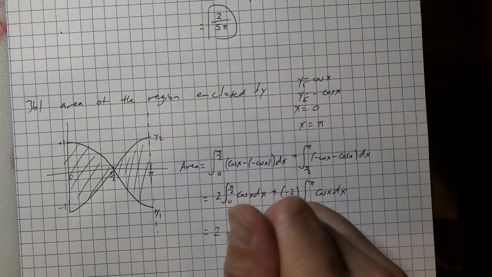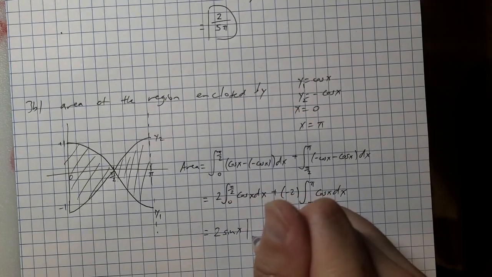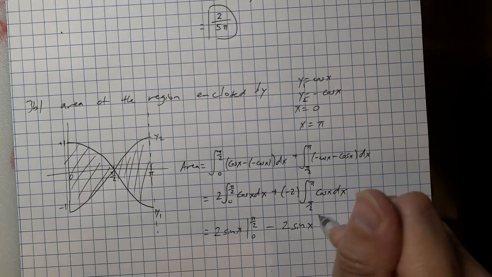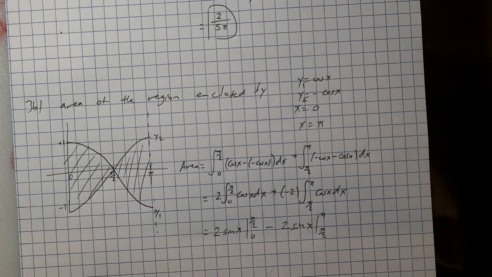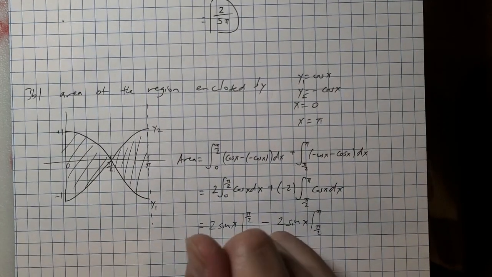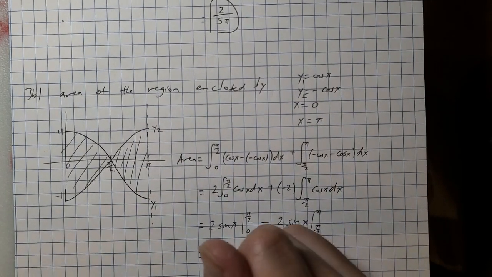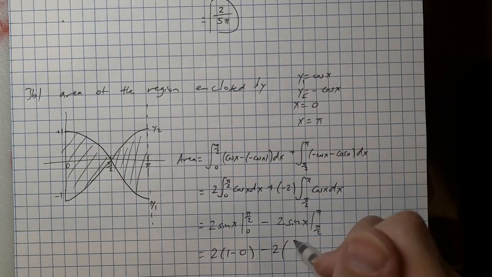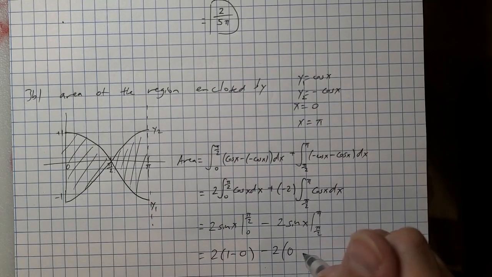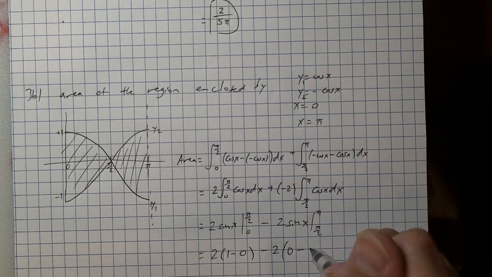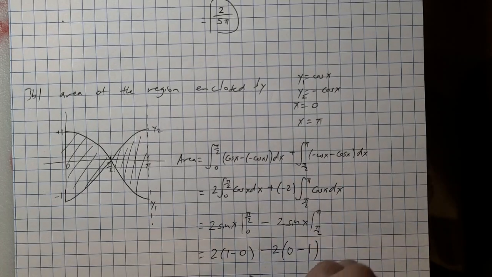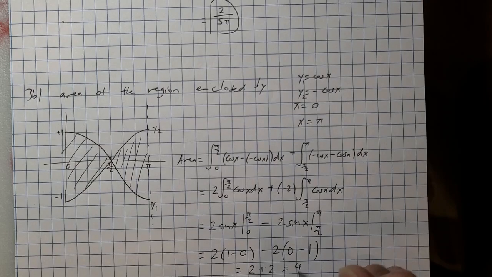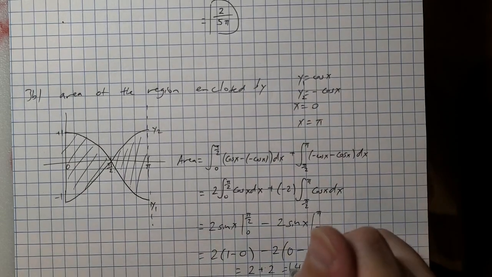This is just 2 sine x, evaluated from 0 to pi over 2, minus 2 sine x, evaluated from pi over 2 to pi. This is just 2 times 1 minus 0, minus 2 times sine of pi is again 0, minus sine of pi over 2 is 1. So we get 2 plus 2, which is equal to 4. Okay, that's how we solve this one.